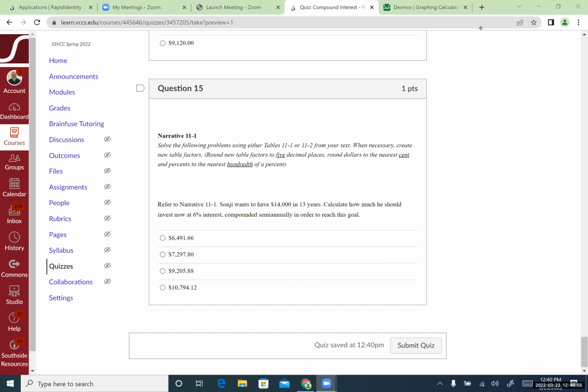Here's another one, similar one, and our last question. The amount we want to end up with is $14,000. We want to know the principal. Our rate is 6%. It is compounded semi-annually, so that's twice a year, in 13 years times twice per year.